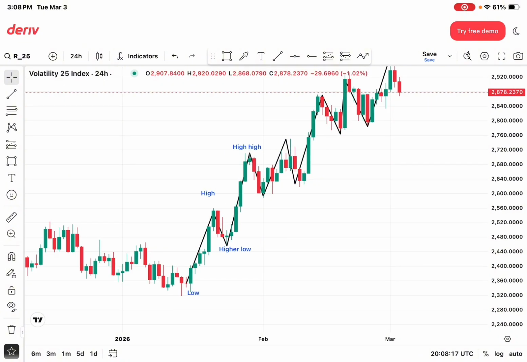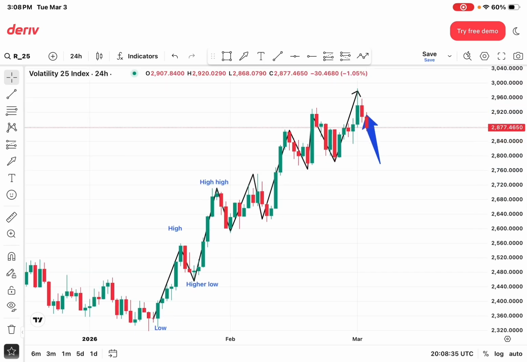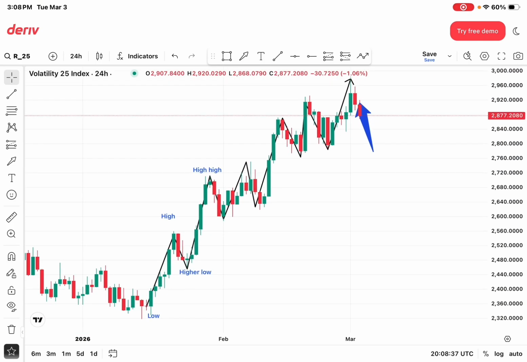All right, so we have a low, a high, a higher low, a higher high, a higher low, a higher high. See where the wick is? Higher high, higher low, higher high, higher low, higher high, higher low, higher high.